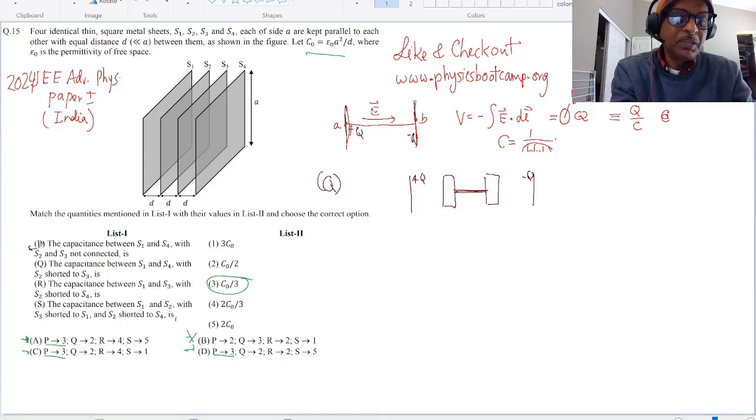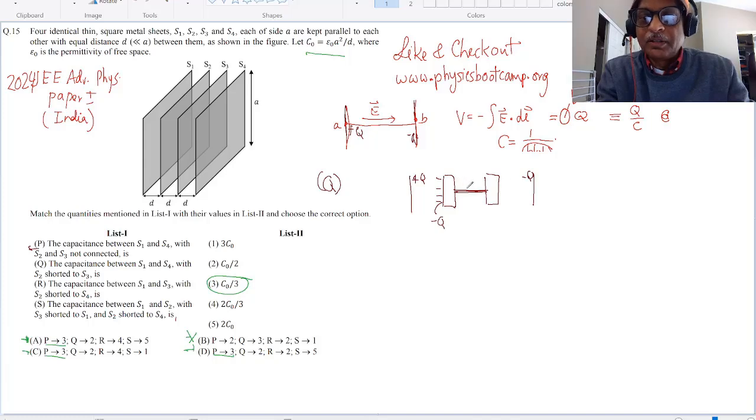Over in the P there were 2 different pieces. Now it's 1 piece, so it's going to pull minus Q onto this surface, and on all of this will be uncharged. On this surface will be plus Q, and this is minus Q.